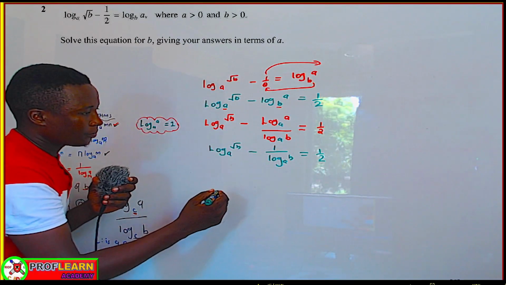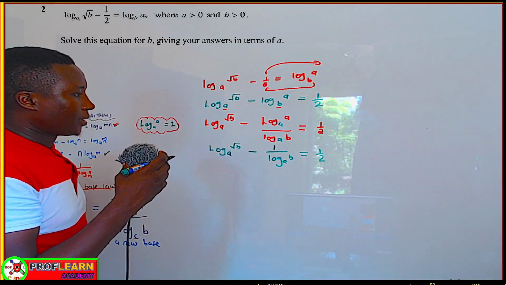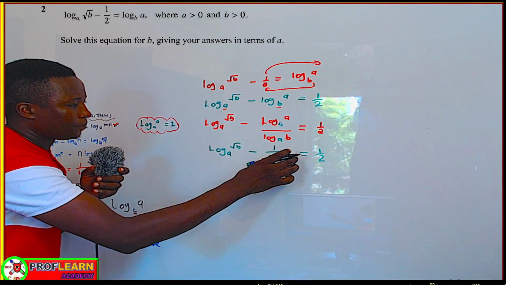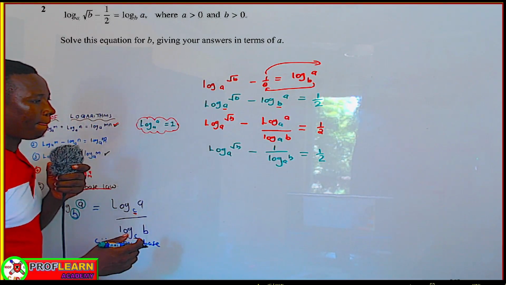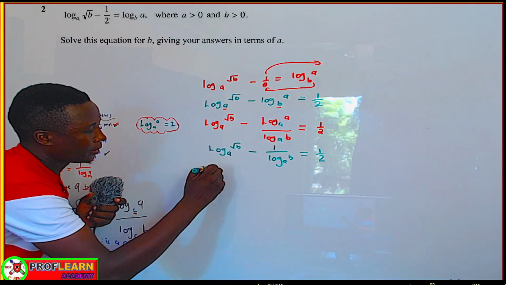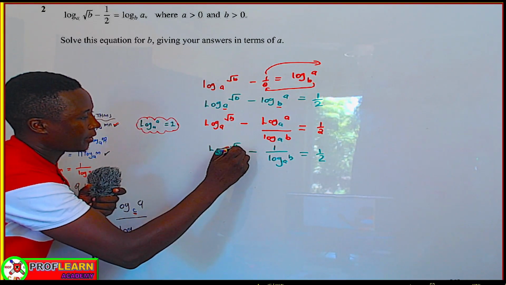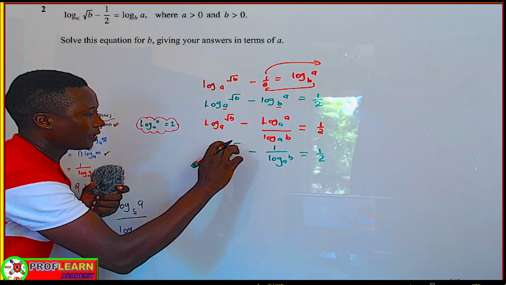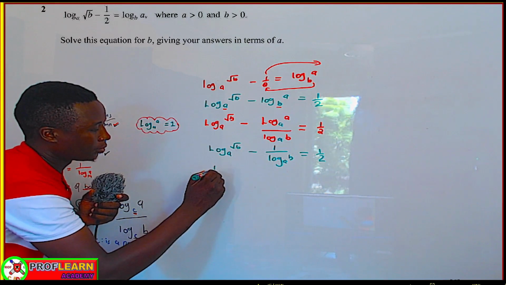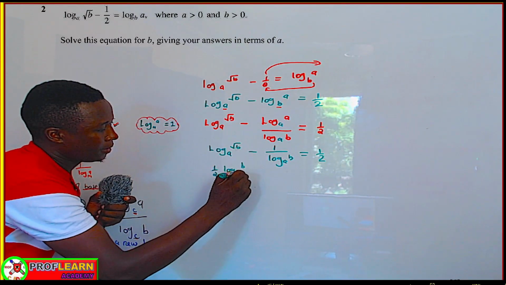At this given point, we can write the square root of b as b raised to a half. So we can take a half behind the log and say b base a.